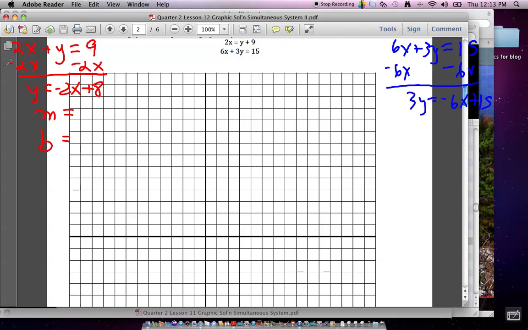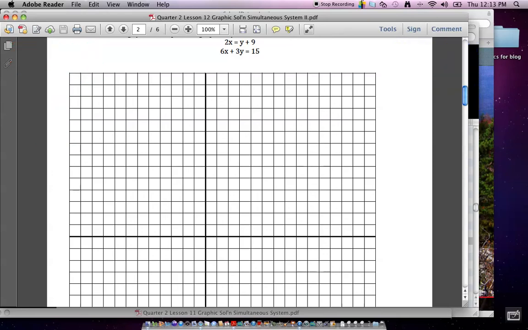You get negative 9. It doesn't fit on the scale. Why didn't I change this to 8? 9 fits. 1, 2, 3, 4, 5, 6, 7, 8, 9. Negative 9. It's not negative 9. Wow. Oh, did I copy this wrong? I copied it wrong. Okay. How low does it go?